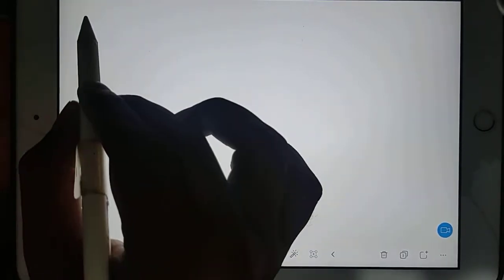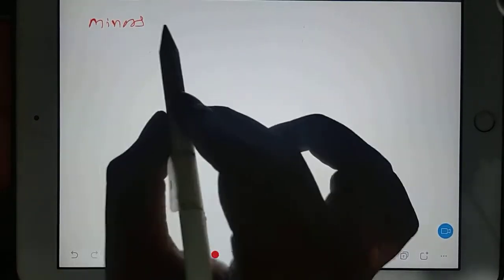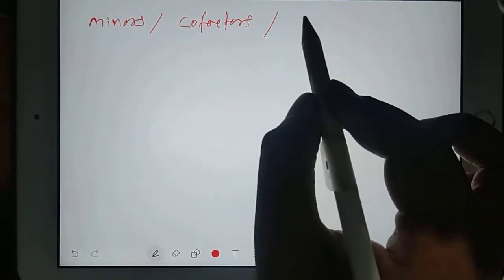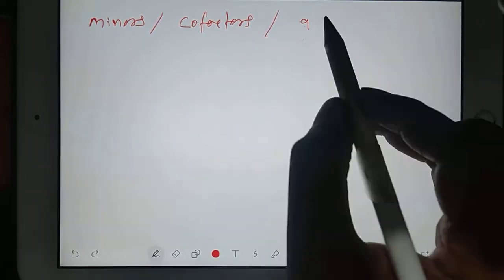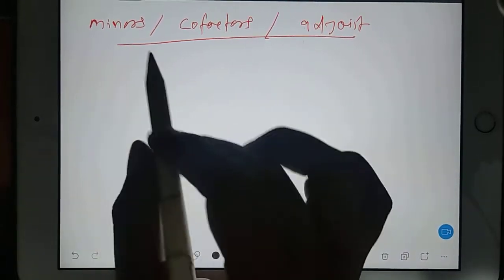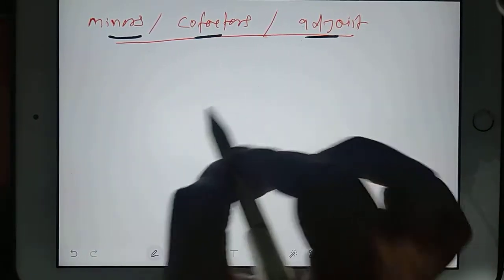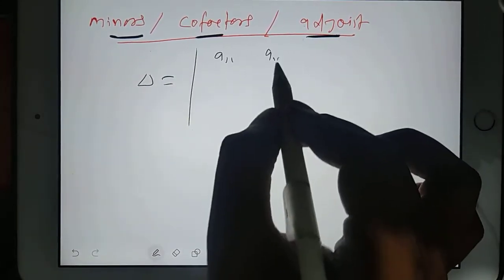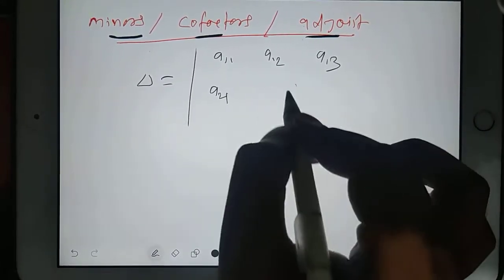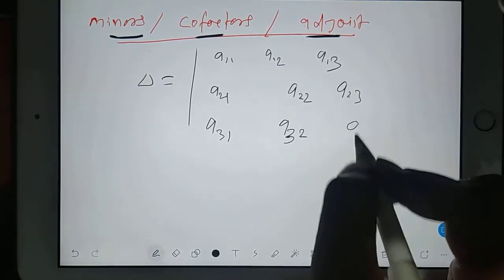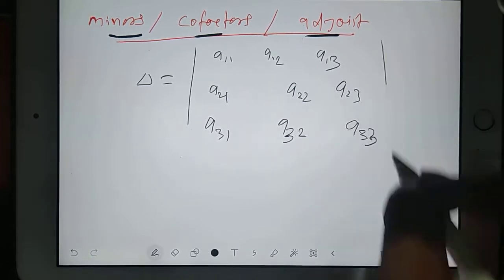We are going to discuss minors, cofactors, and adjoint, for a given determinant. Suppose it is given as A11, A12, A13, A21, A22, A23, A31, A32, A33. So these 9 elements are given.